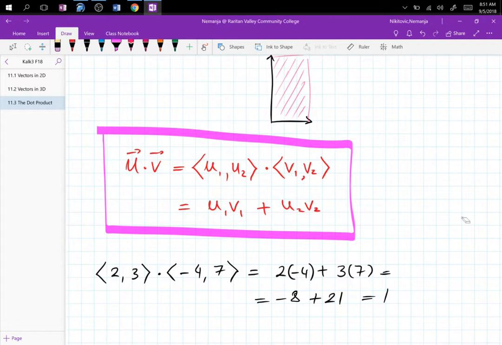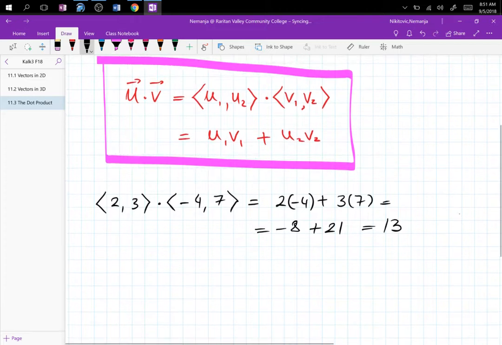So when you multiply two vectors, the answer that we get is a scalar. As I said earlier, 3 times 5 is 15. Now if you multiply these two-dimensional vectors, you will get 13.